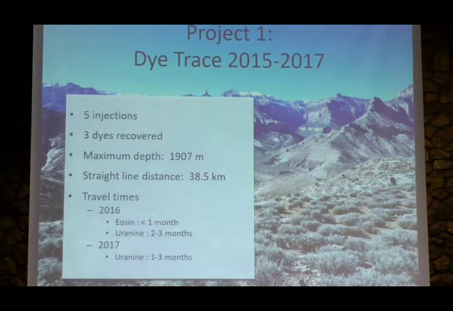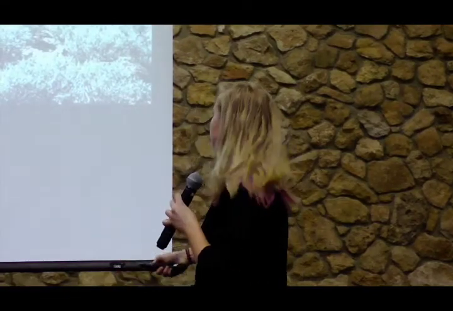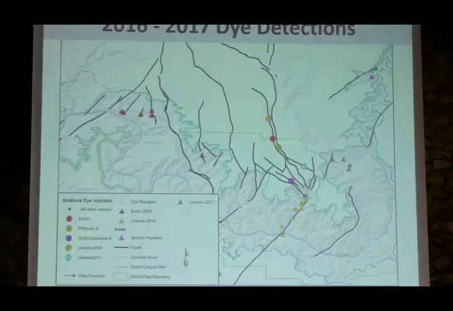So that's what makes it one of the largest. And the straight line distance from sinkhole to where it was received was almost 40 kilometers at its greatest point. And the travel times from when the dye was injected in the sinkhole to when we received it was between 1 and 3 months.